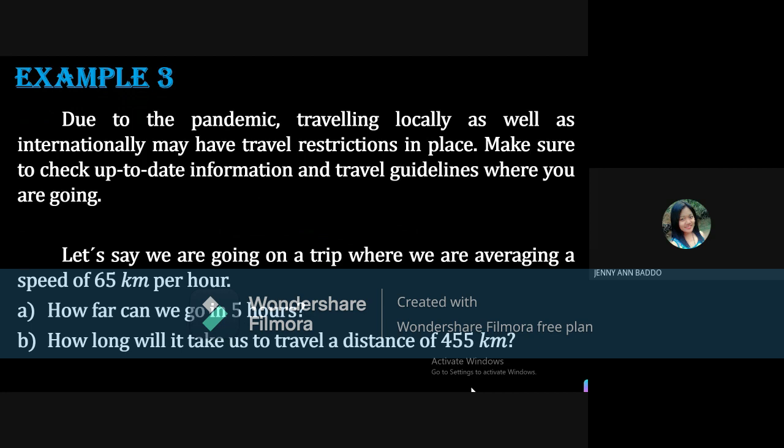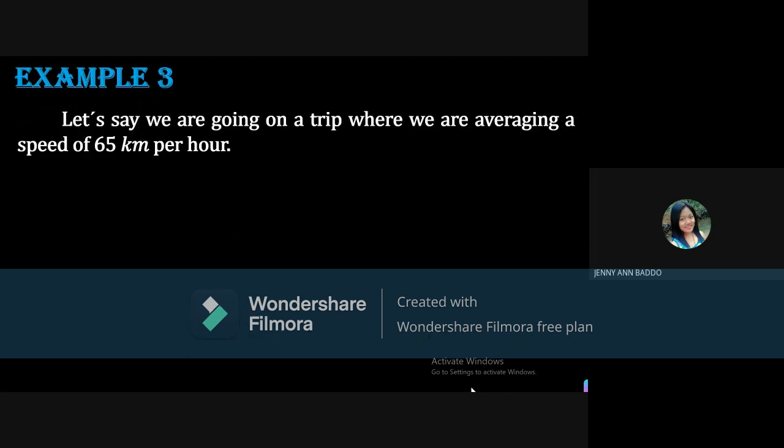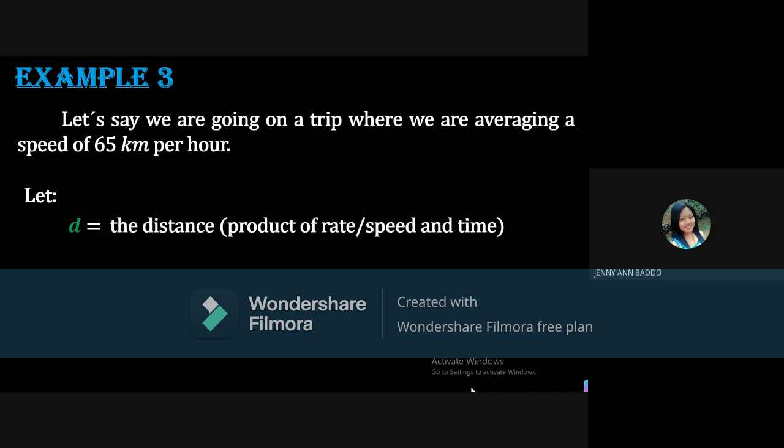So this time, we are dealing with the distance, the rate, and the time. For our representation, we let D be the distance, which is the product of the rate or speed and the time, R for the rate or speed, and T for the time.